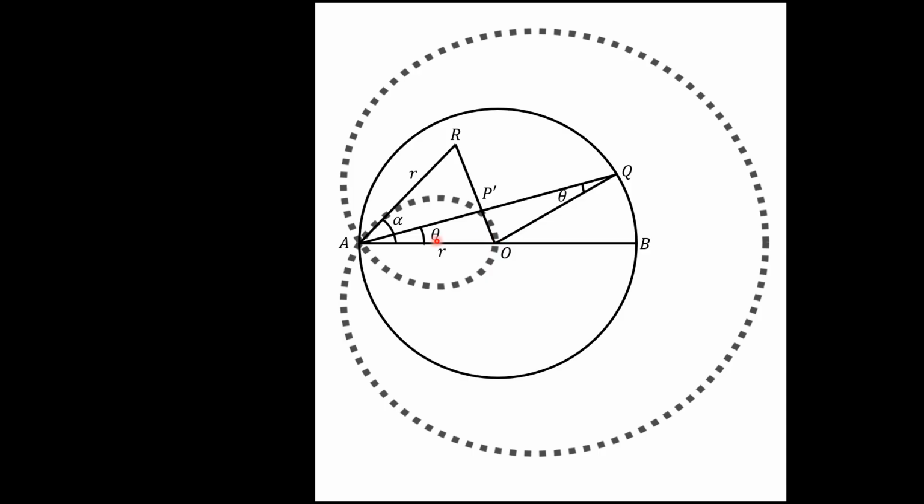In other words, the base angles are equal. So the angle OQA is going to be theta. And so since the internal angles of a triangle add up to 180 degrees, the angle up here is going to be 180 minus 2 theta, right?